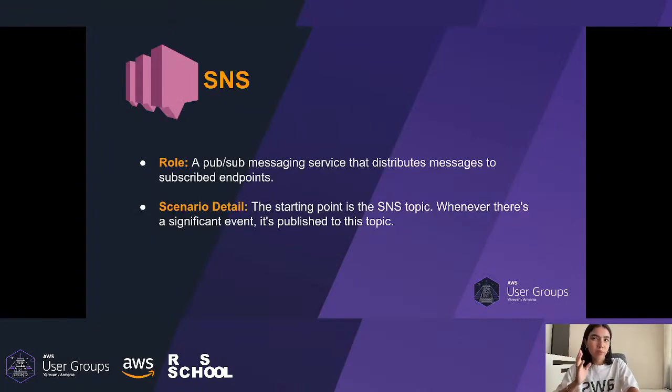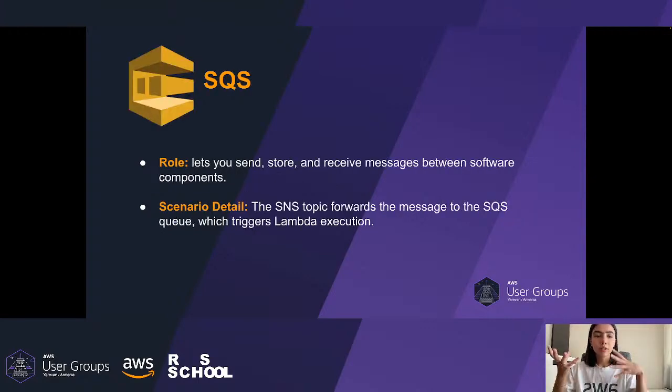Let's go very quickly over the services that I mentioned and start the hands-on. As I mentioned, we have SNS as an entry point. SNS is a messaging service provided by AWS. It relies on the publish-subscribe pattern. In our case, SNS is going to publish a message in the first place as the entry point. SQS is the Simple Queue Service provided by AWS; as the name itself says, it is simply a queue of messages.